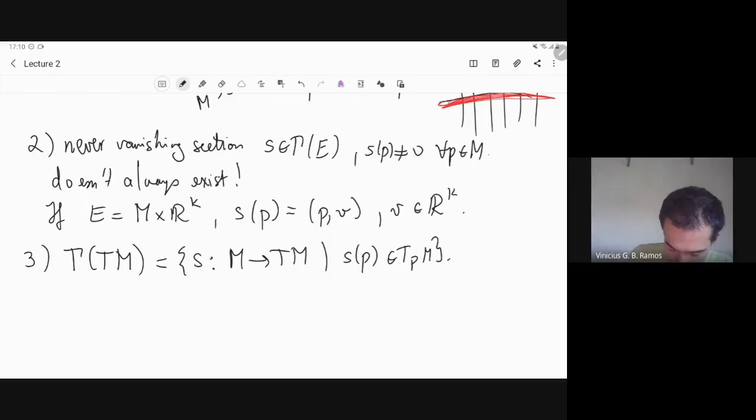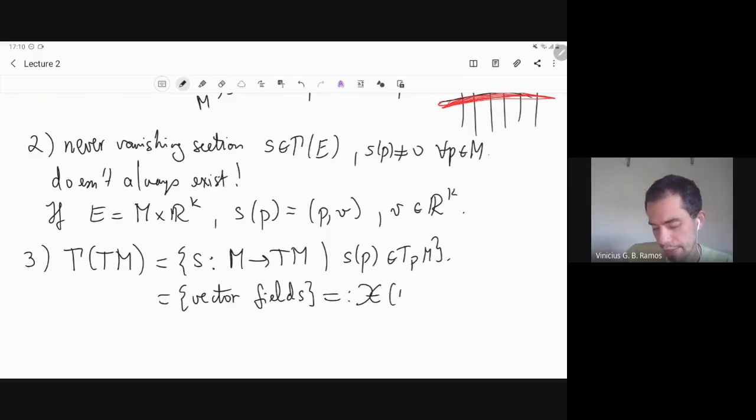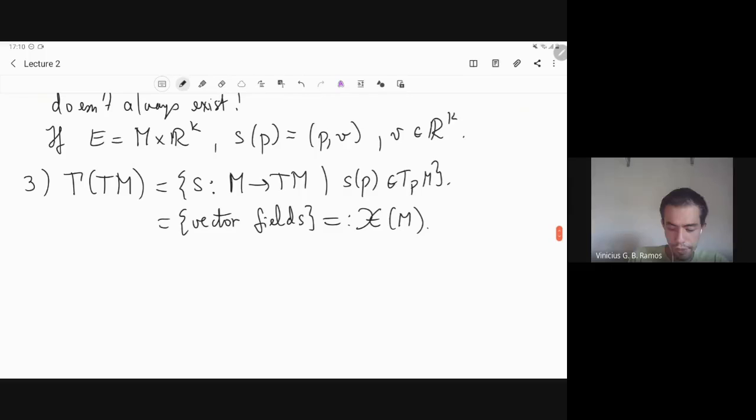This is called the set of vector fields, and it's usually denoted by this letter, like this. So I have my manifold, and for each point, I choose a vector in a way that varies smoothly.